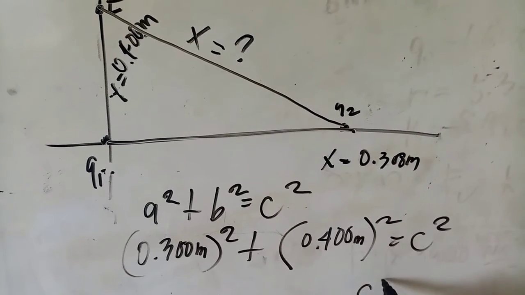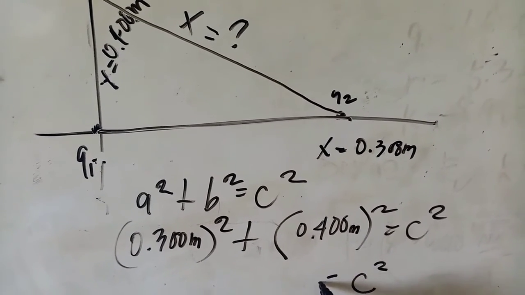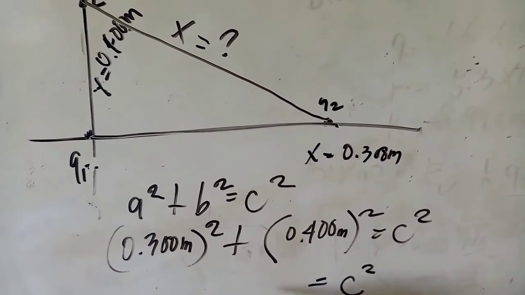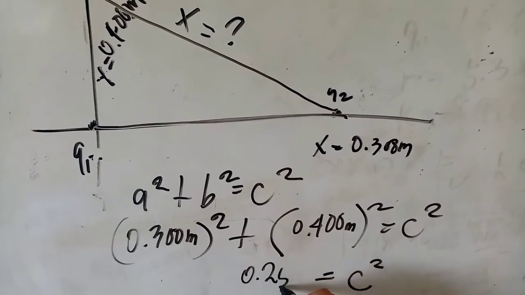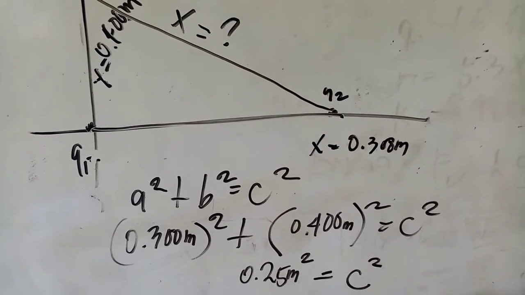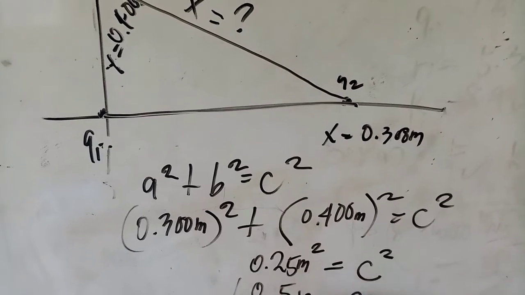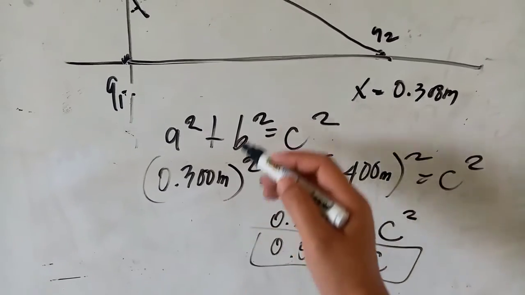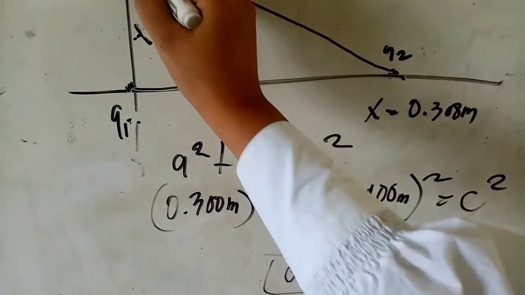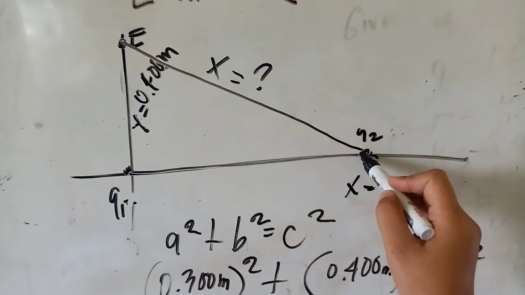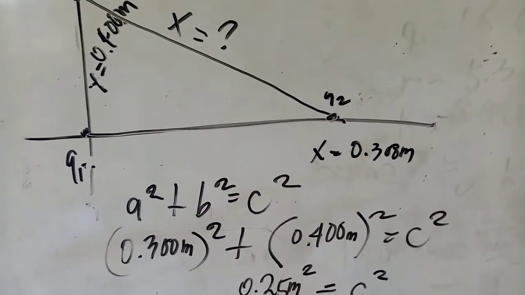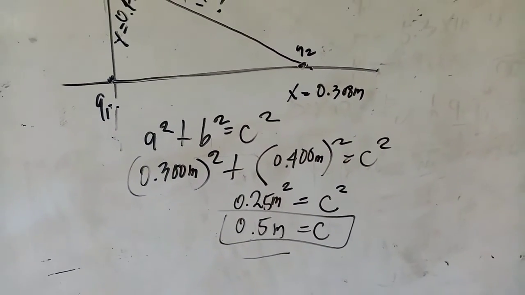So manipulating this using your calculator, you will have c squared is equal to 0.25 meters squared, so c is equal to 0.5 meters. By this, we know that the distance from P to charge 2 is equal to 0.5 meters.